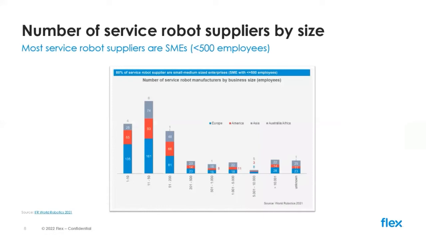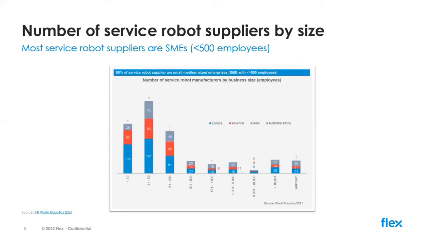One interesting observation as well when we look globally is that most of the service robot suppliers across the globe are actually small to medium enterprises, and that means less than 500 employees. So of course there are the major players, the ABBs and the Omrons and the Samsungs and Panasonics, etc. But there are a huge number of companies involved in this marketplace that are not your typical customer base that we might consider.